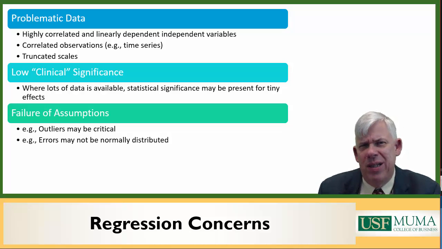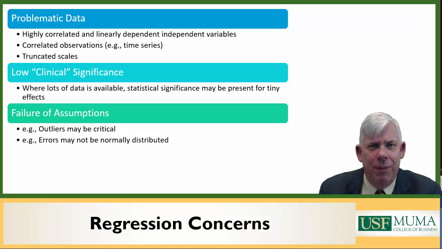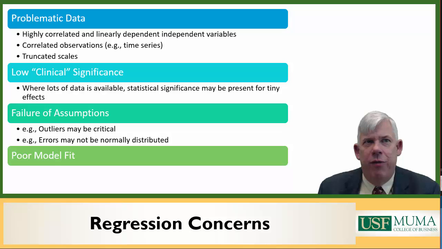Regression's a pretty robust technique, which means even if the assumptions fail, you often get something moderately useful out of it. But if the assumptions are off too badly, then you have to be very, very concerned about variables that are kind of borderline significant. Finally, you're going to have a very poor fit with your model.